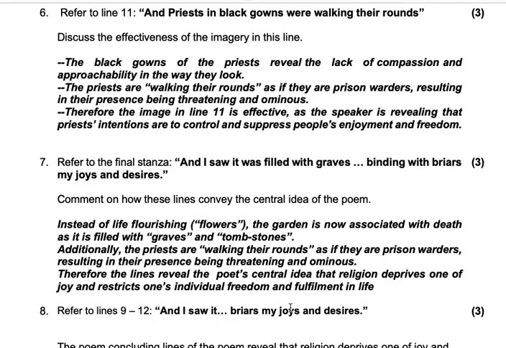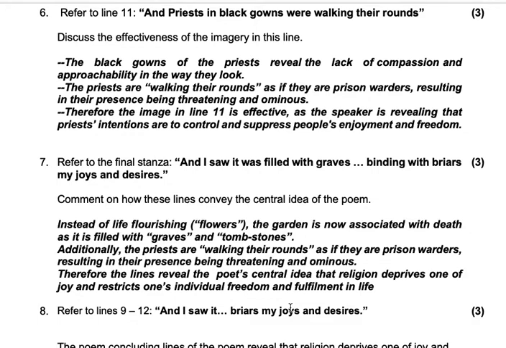The black gowns of the priests reveal the lack of compassion and approachability in the way they look. Right? The priests are wearing black gowns, and the way they are walking around, it's like, oh my word, I can't go up to this man and speak to him. The priests are walking their rounds as if they are prison warders, resulting in their presence being threatening and ominous.